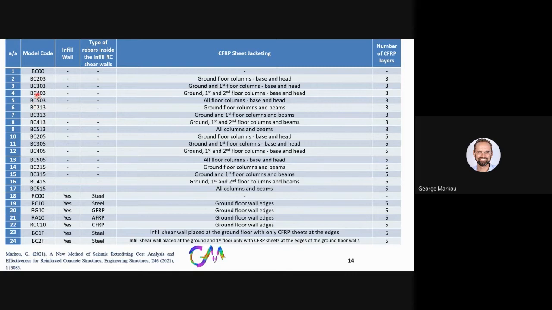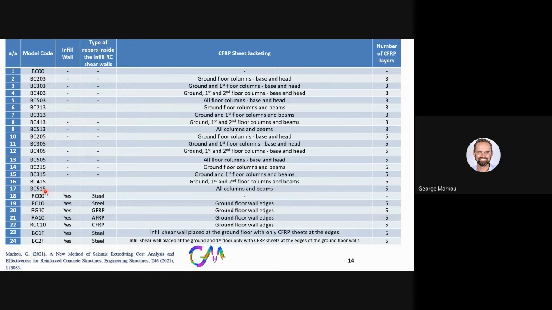So if I have, let's say, 303, this means that the ground and, in this case, first floor columns were retrofitted with CFRPs and 3 layers. If I go here to the 515, this means all floors, and 1 means both columns and beams were retrofitted with 5 layers of CFRP.